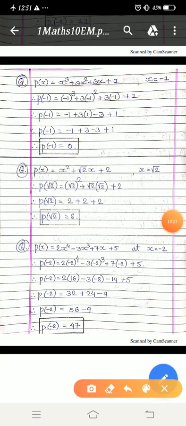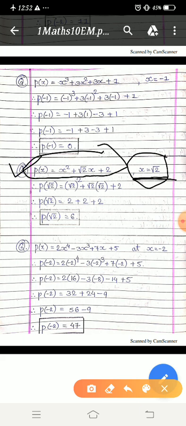Now the next one is p of x equals x square plus root 2x plus 2, and we need to find the value of the polynomial at x equals root 2. First of all, we need to put the given value of x instead of x in the given polynomial.